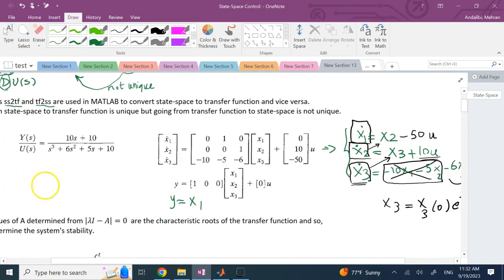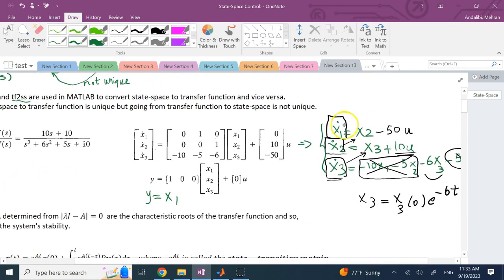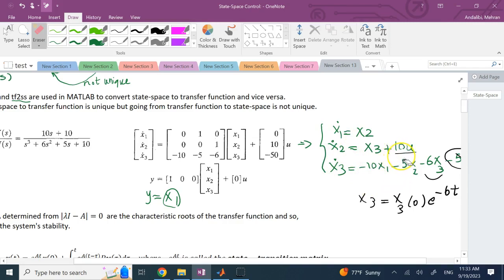Yes. Because if I know x1, I can take the derivative of that numerically, and that means I know x2. Let's look at the equations.